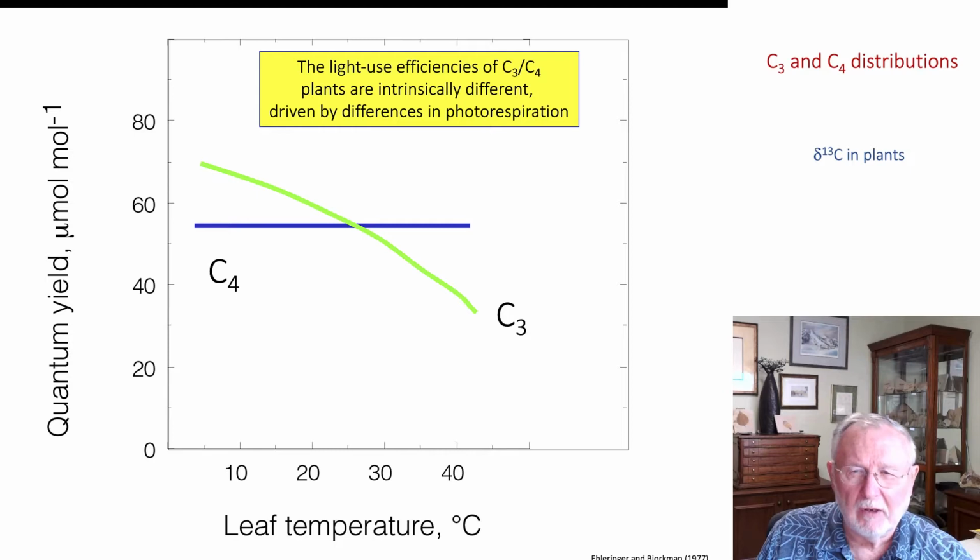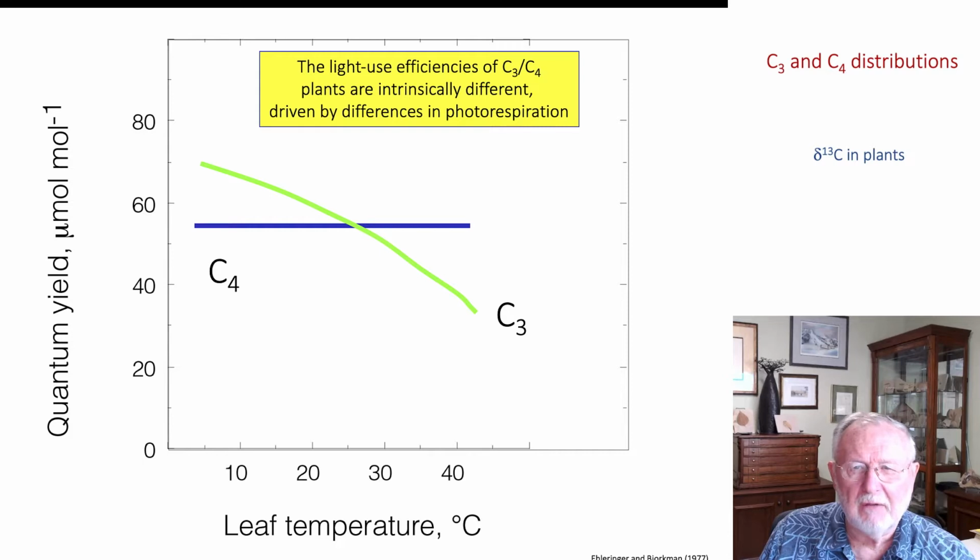Photorespiration relative to photosynthesis increases with temperature, so that the decline in quantum yield or light use efficiency is associated with a relative increase in photorespiration. Because the C4 plants have a concentrating mechanism and a very high CO2 concentration, we don't effectively see photorespiration in C4 plants.